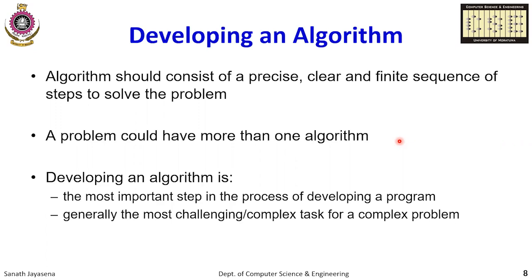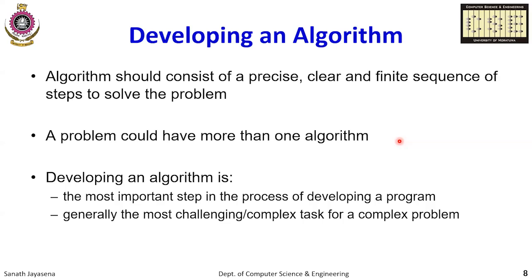Because if you have an algorithm, then coding it in a particular language into a program is not that hard, right? So in many complicated problems, the difficult or challenging task is coming up with an algorithm.